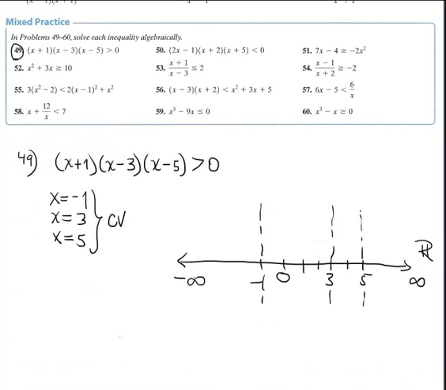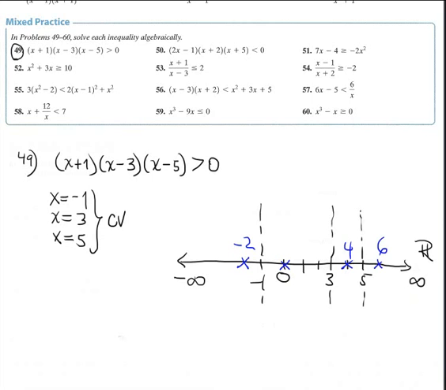Now, the testing points could be negative 2, 0, 4, and 6.